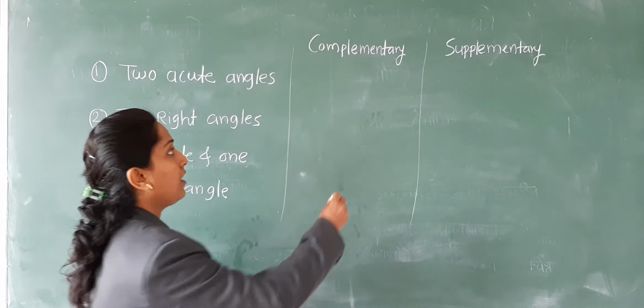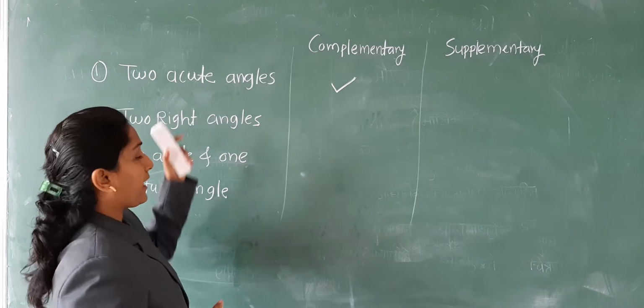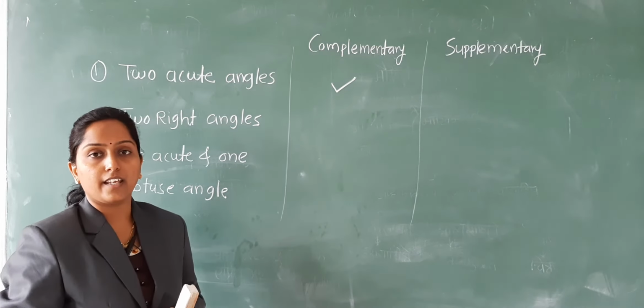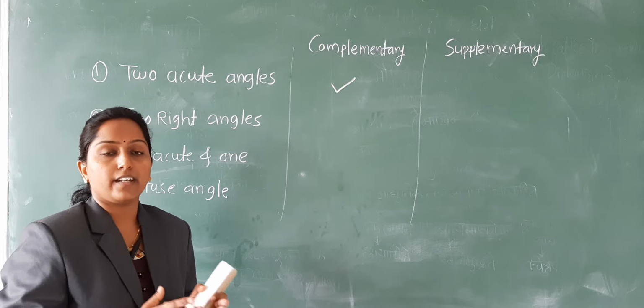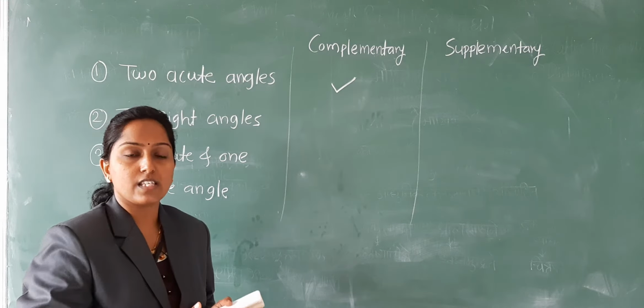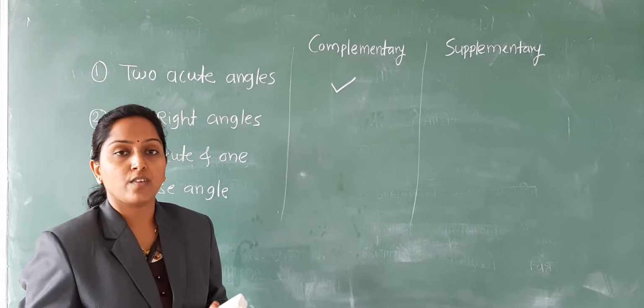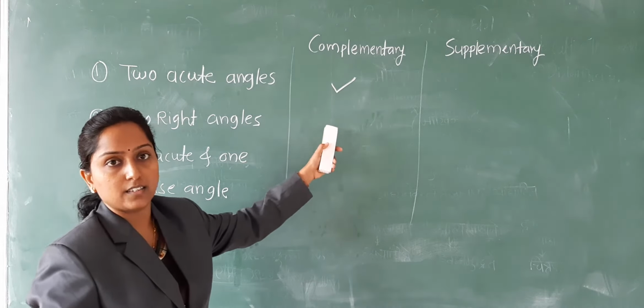Yes, we can, because acute means less than 90. If we take two acute angles, suppose 70 and 20, then we can make a pair of complementary angles because 70 plus 20 is 90. So the first case is satisfied for complementary angles.